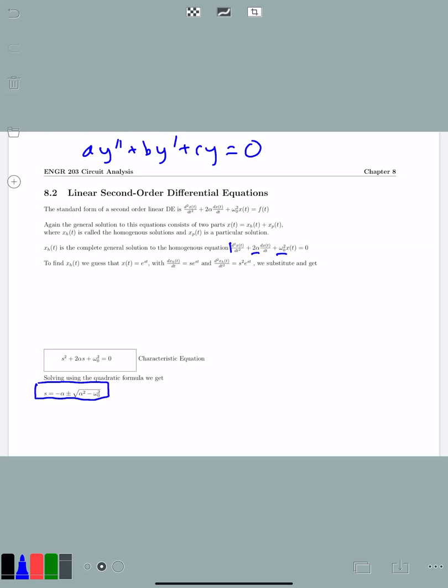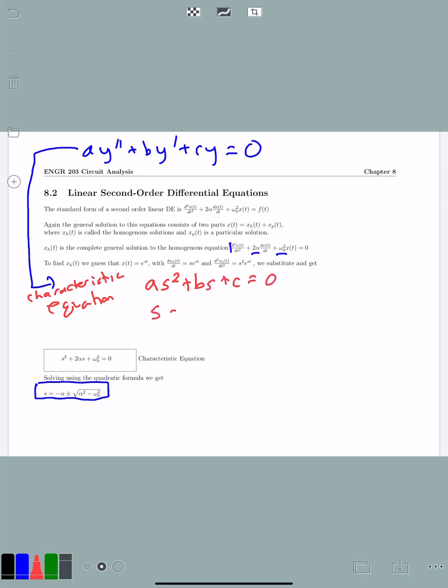Regardless, when you're solving this differential equation, you need to convert it to what's called the characteristic equation. And what the characteristic equation is going to be is as squared plus bs plus c.